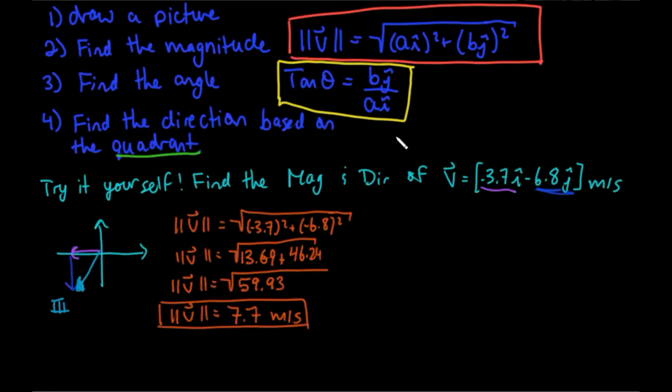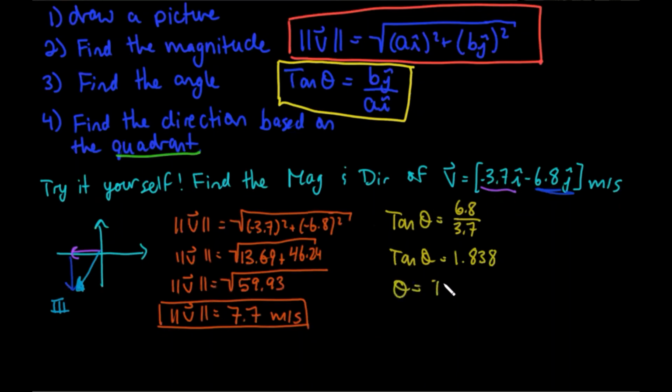Next, I'm going to go to step 3. I'm going to find my angle. So tan of theta is equal to my j, 6.8, divided by my i, which is 3.7. So 6.8 divided by 3.7 gives me 1.838 approximately.